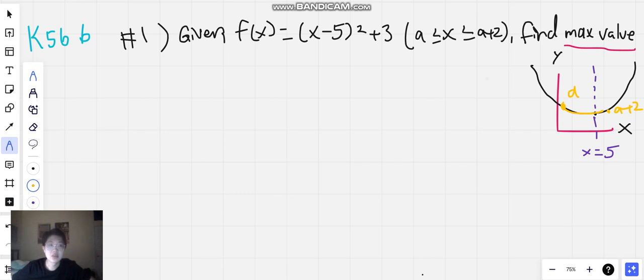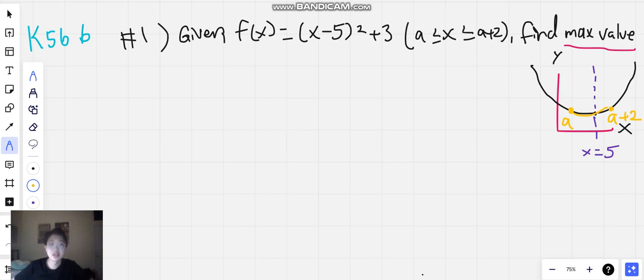So when is the maximum value no longer at f of a? Well, that is when f of a and f of a plus 2 are equal.